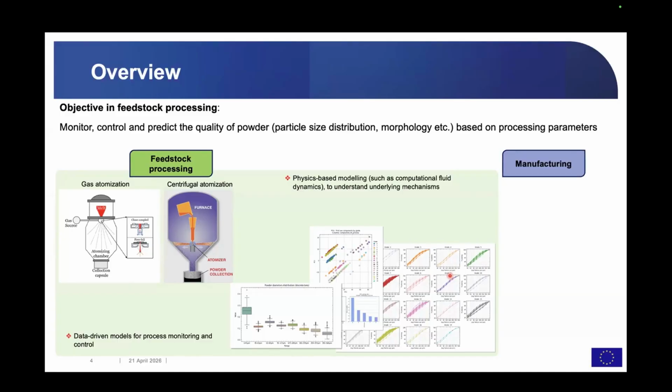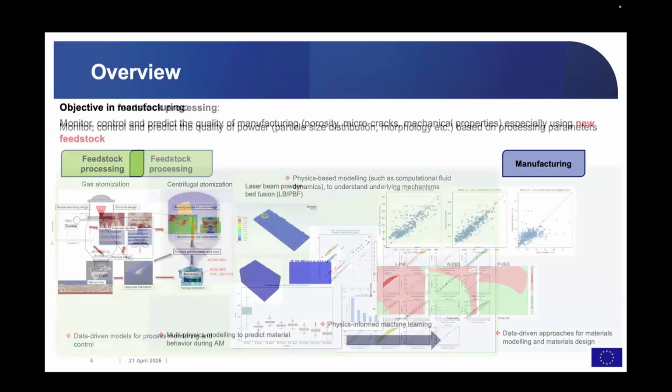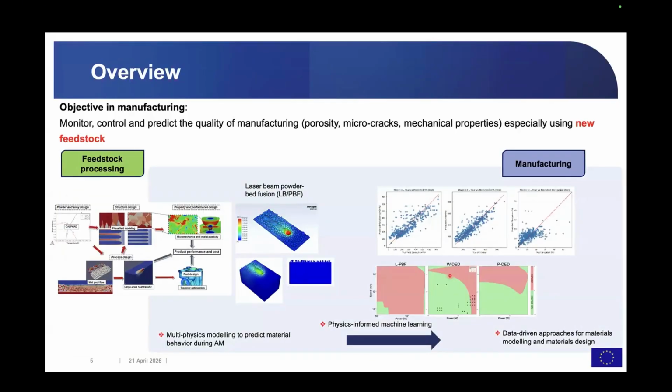This is one side, and after this, the manufacturing itself is also very important. Again, because it's a very dynamic process, we need to monitor, control, and also predict the material behavior in order to see the defects or other issues, especially with the new feedstock.